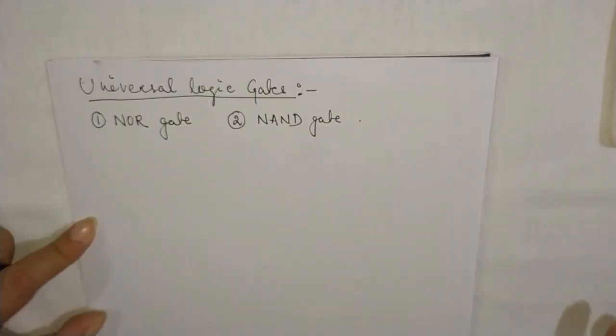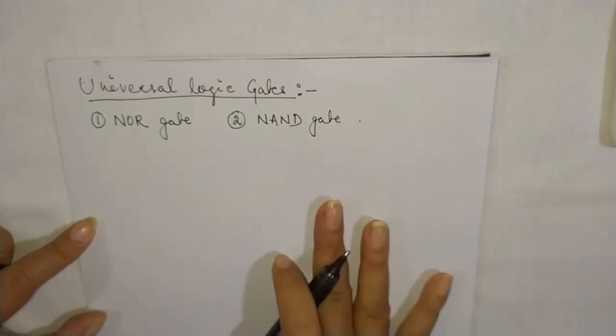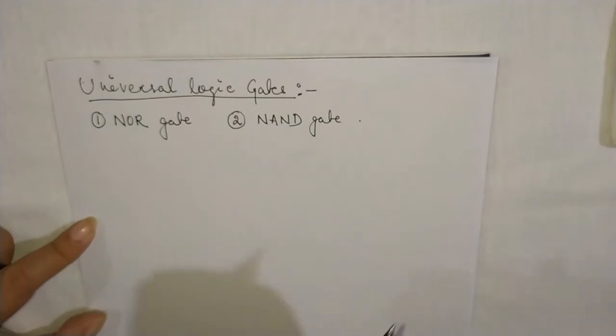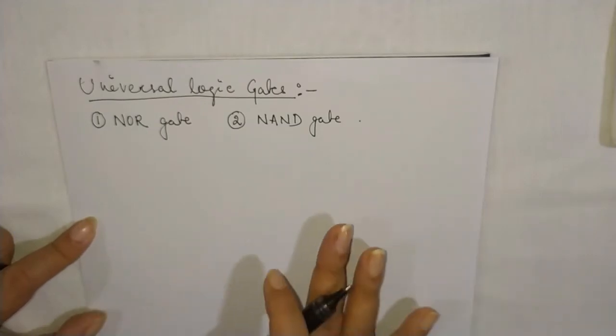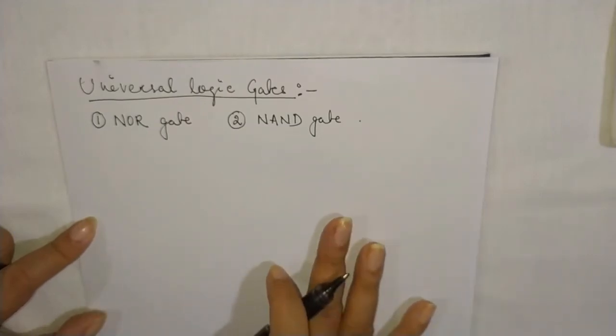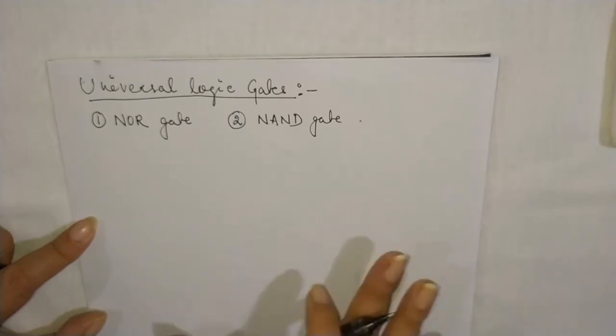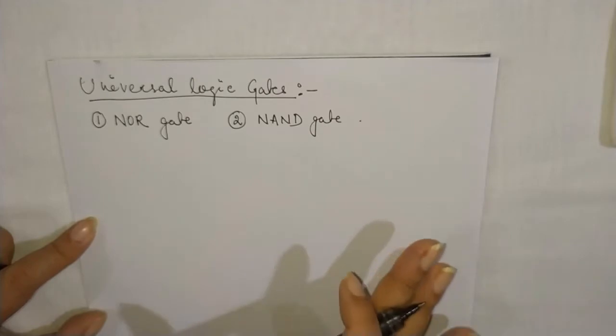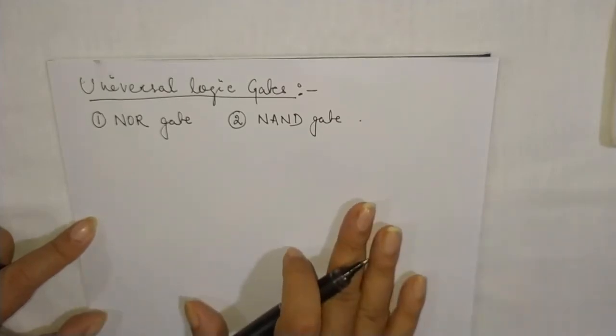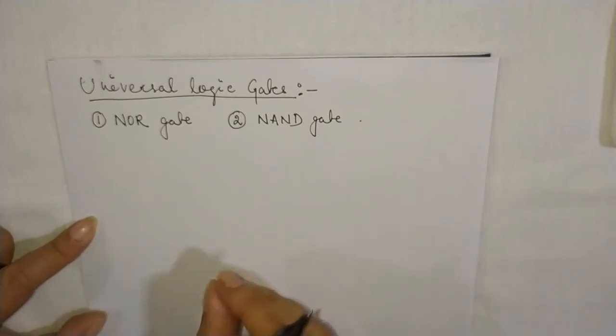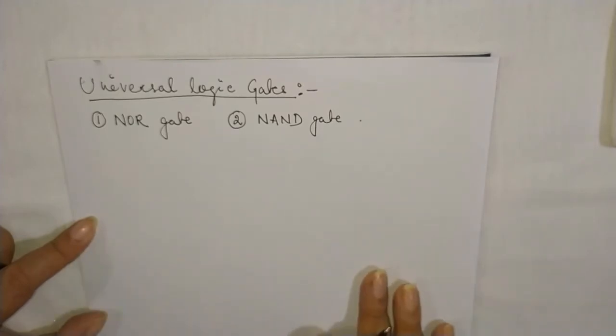The importance is that you can easily derive, by certain arrangement, the basic logic gates out of these universal logic gates. Only by using these universal logic gates you can easily get to the basic logic gates. So that's why these two gates have their importance in electronics.